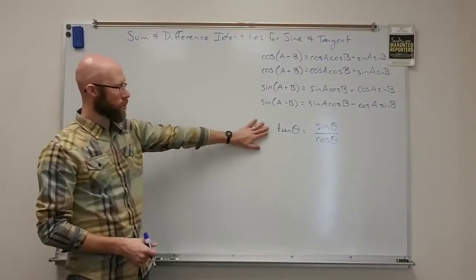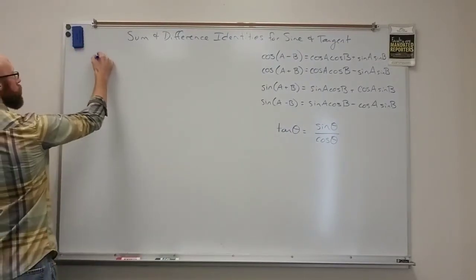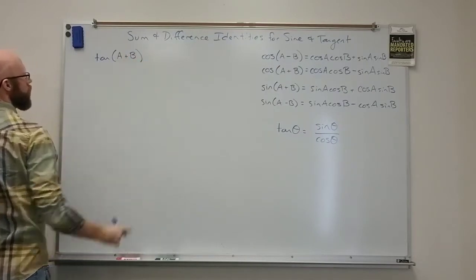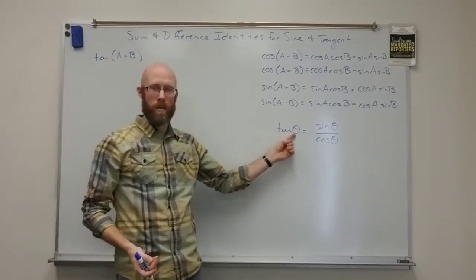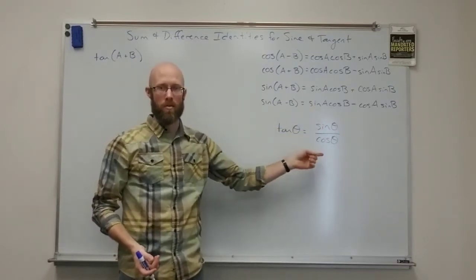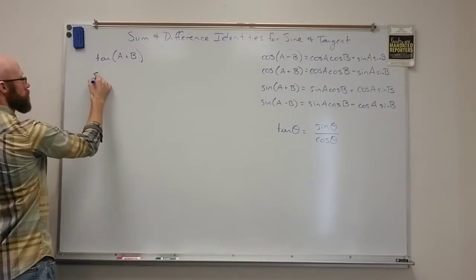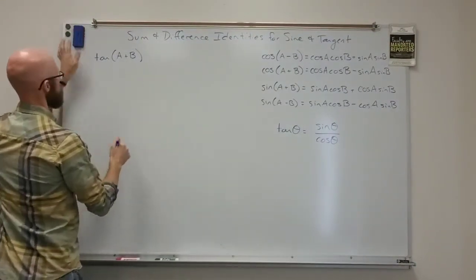And so we're going to utilize that along with some of these to look at a formula for the tangent of the sum of two angles, A plus B. Well, the tangent of something is equal to the sine of that thing over the cosine of that thing. In fact, I'm going to write this horizontally, save a little space here.